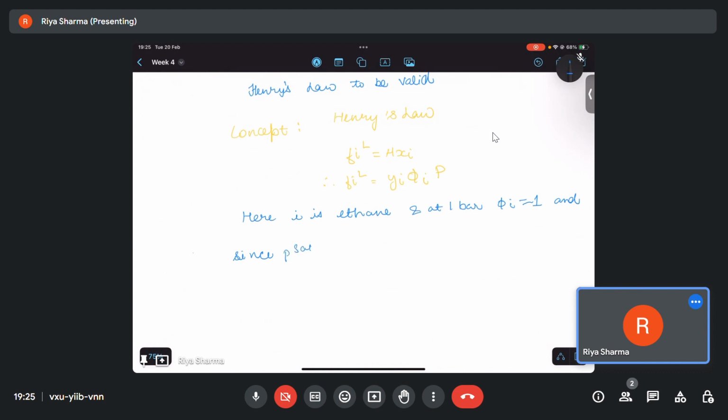And since Psat of water is very small, that is 0.0316 bar at 25 degrees Celsius, we will consider water to be non-volatile.